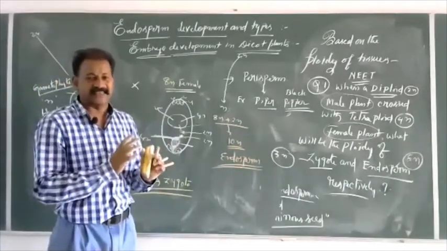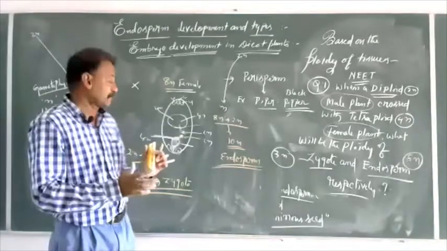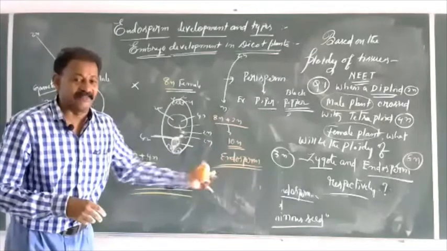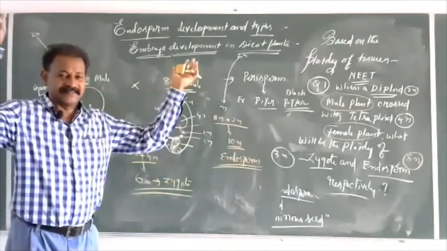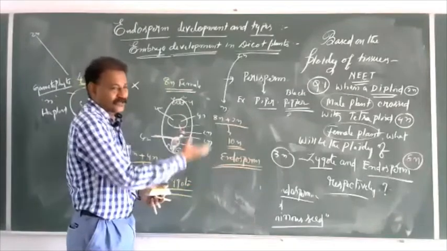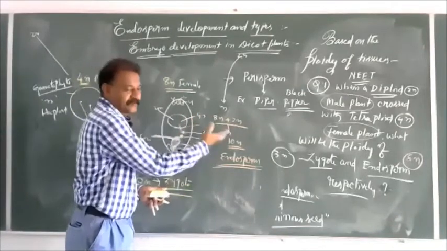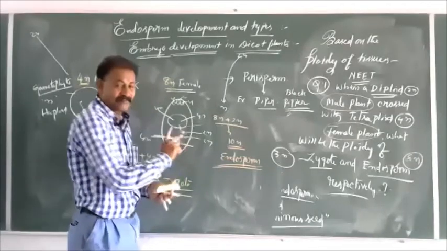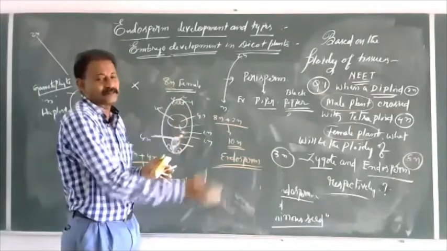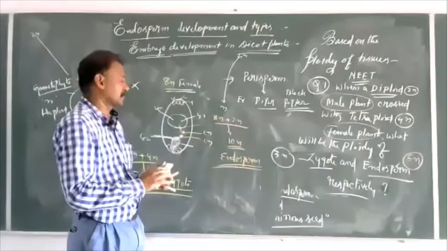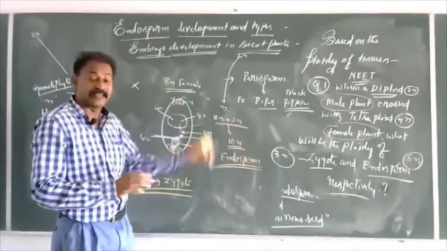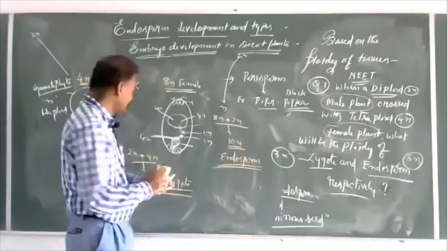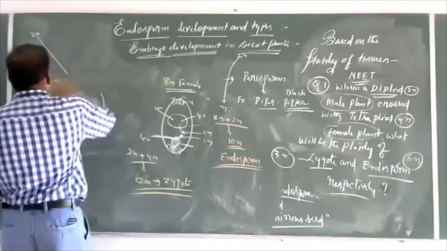They may ask indirectly, if a plant has so and so ploidy, such as a tetraploid endosperm or pentaploid embryo, what will be the ploidy of the parents? Possible options, first, second, third, fourth. You can get it. To answer it easily, we have to practice more questions like that.